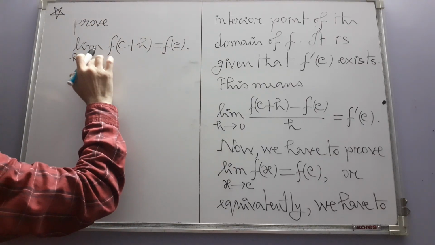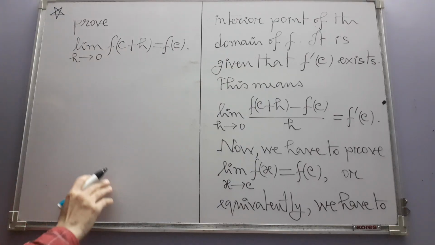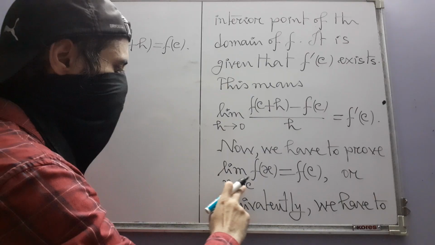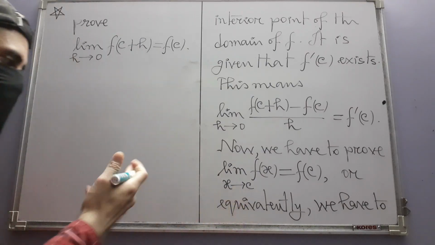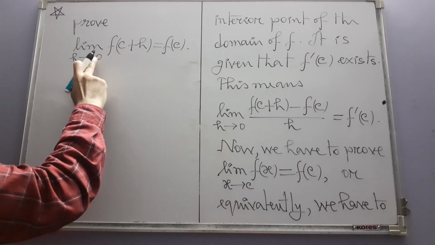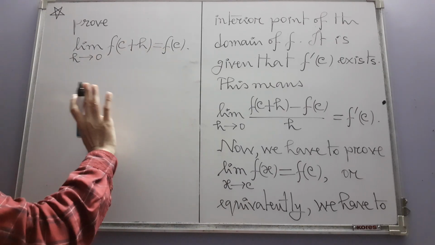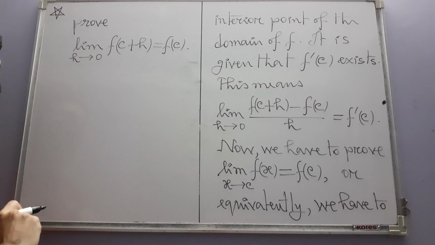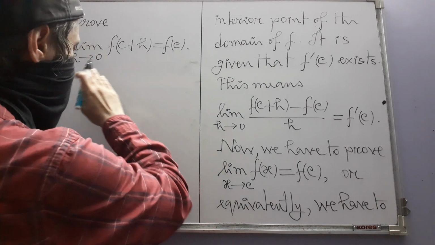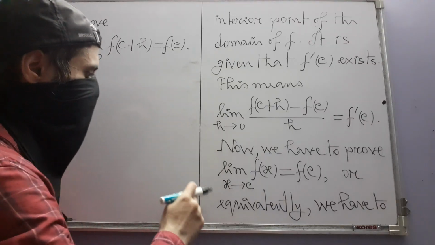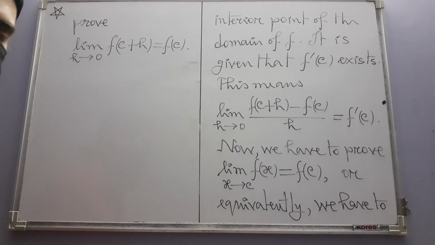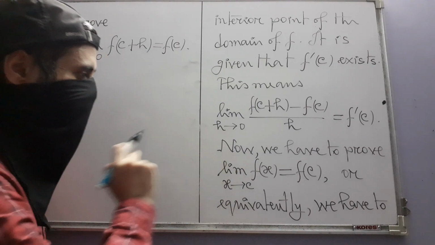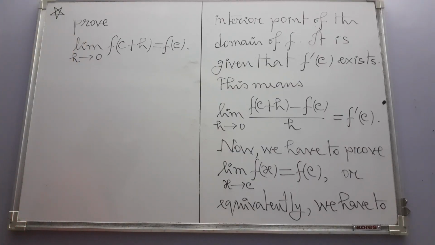You can change the variable here. x approaching c is the same as c plus h approaching c as h approaches 0. It's because as h approaches 0, c plus h of course approaches c, and that's why in place of x you can write c plus h.